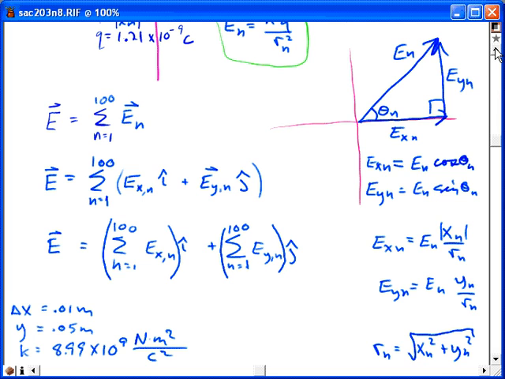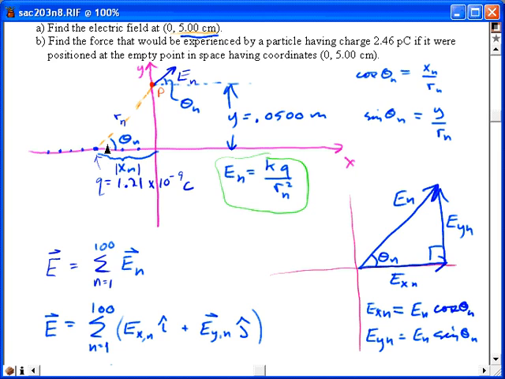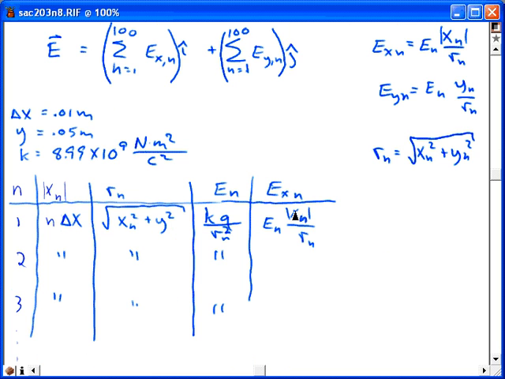So for figuring out what the cosine of this angle was, I was just treating that as a distance. I wasn't using the abscissa of this point. Okay, and E y n is equal to E n times y over r sub n.